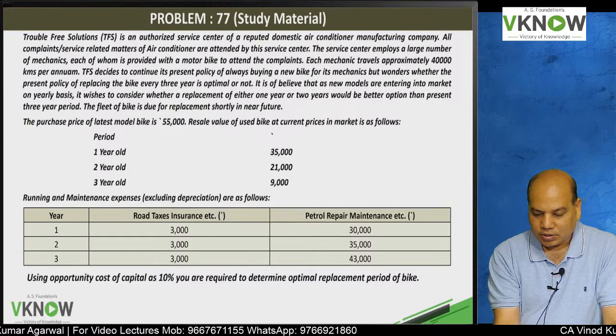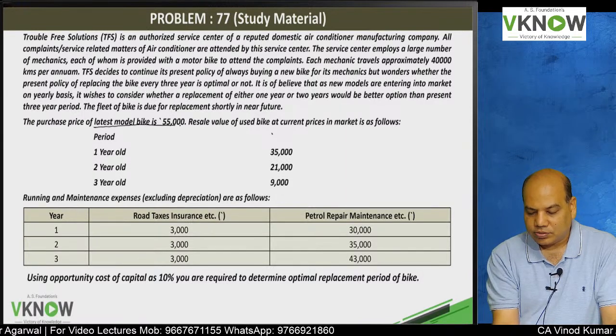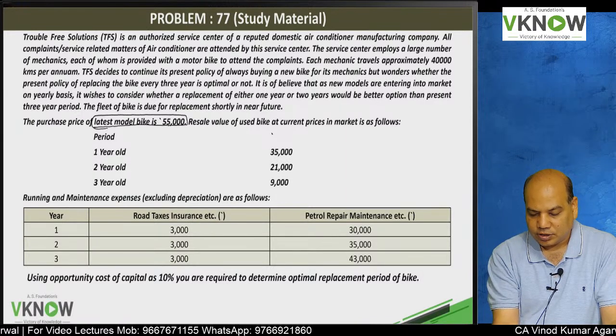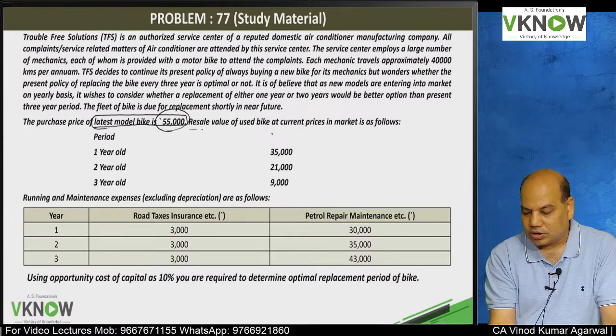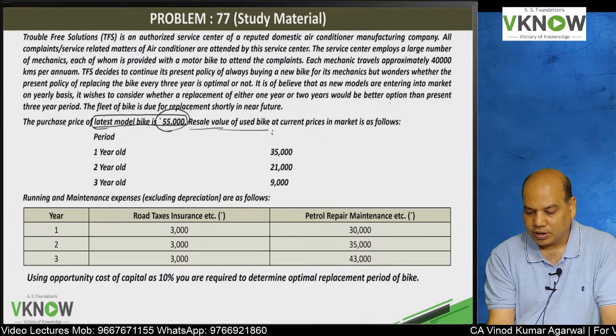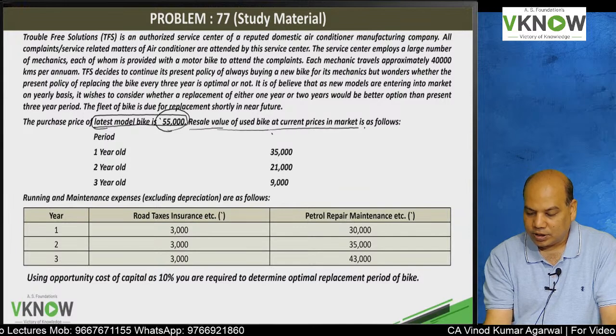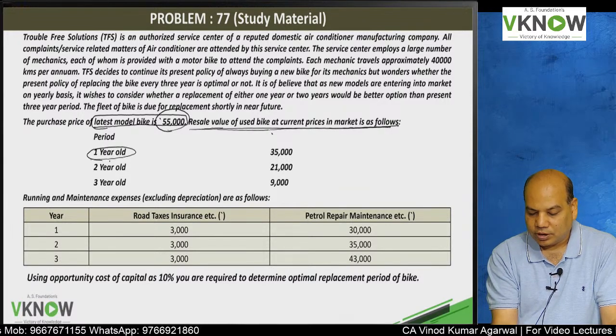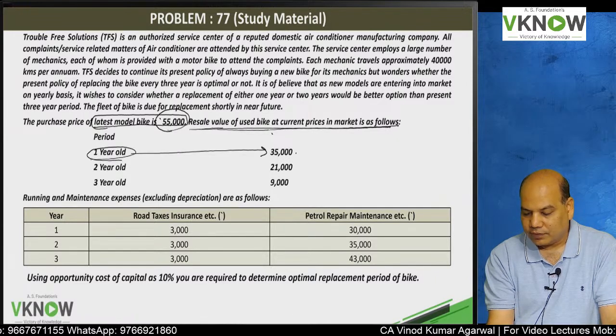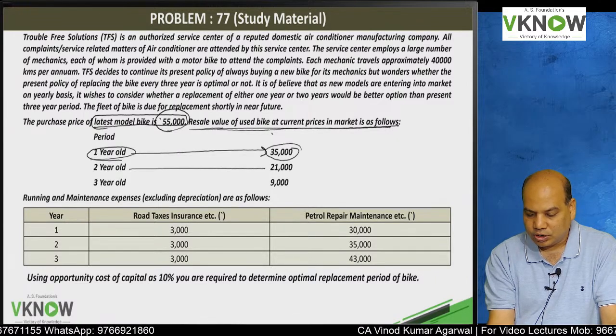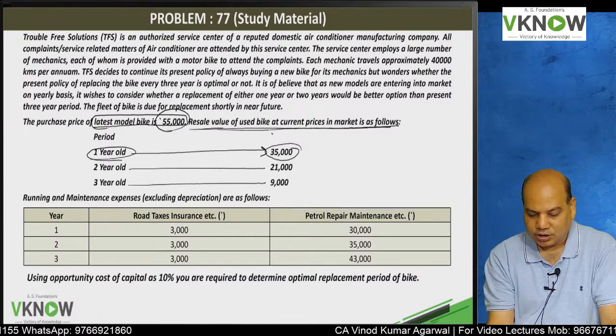Now the purchase price of the latest model of the bike is 55,000, year 0. Resale price of the used bike at current prices in the market is as follows. If you sell after 1 year, scrap value 35,000, 2 years 21,000, 3 years 9,000.